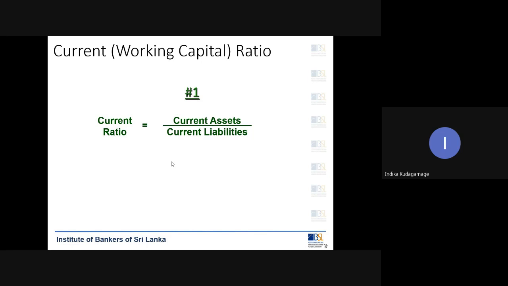But if we are talking about a long-term facility, once settled, you can't reuse it, right? That's why it is gradually being paid, right? Therefore, all the current liability holders are interested in seeing how much I am covered from the current assets.